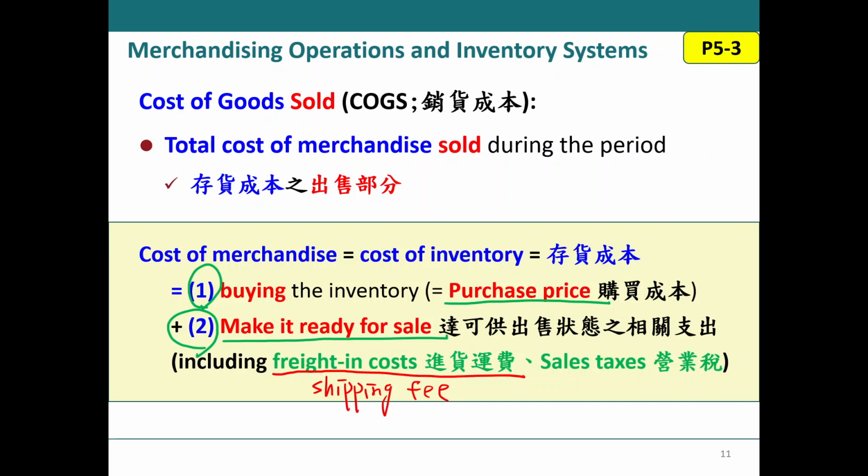Also, when you try to buy something, not only the shipping fee, you still have to pay what? Tax. Have you paid tax every day? Ivy, when you buy something, have you paid the tax? Every day, have you paid tax?